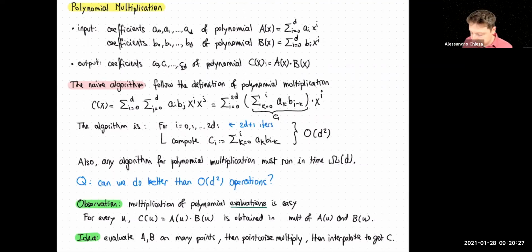And then here, we have a sum that involves order of i terms. But when i is order of d, then those two things multiply. So you're going to have basically order of 1 plus order of 2 plus order of 3, all the way up to order of d. That is order of d squared. So that is the cost of this algorithm.